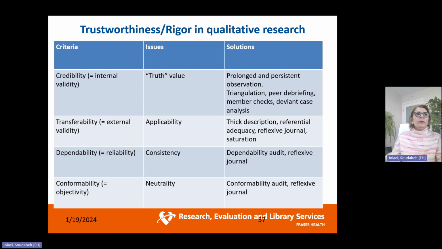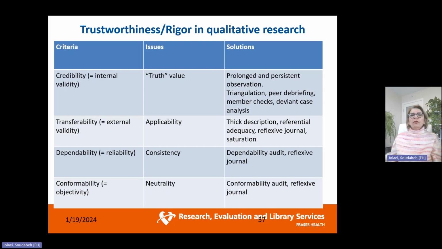For example, we have credibility, which is somehow equal to internal validity. The issue is the truth value. The solutions for that are prolonged and persistent observation, triangulation, peer debriefing, member checks, and deviant case analysis.